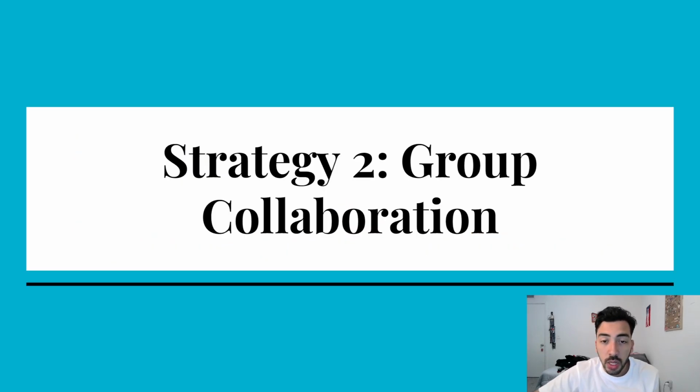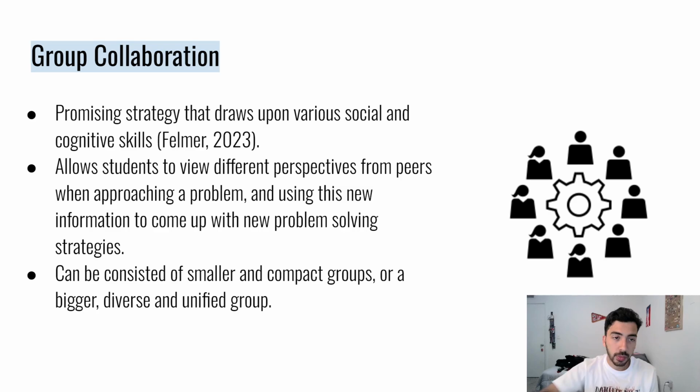And here, the second strategy I want to talk about is group collaboration, very self-explanatory. It is a promising strategy that draws upon various social and cognitive skills, according to Fellmer. Group collaboration allows students to view different perspectives from peers when approaching a problem, and then they use this new information to come up with new strategies for problem solving, right?